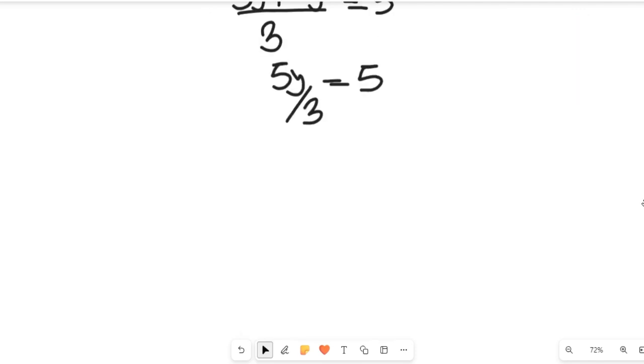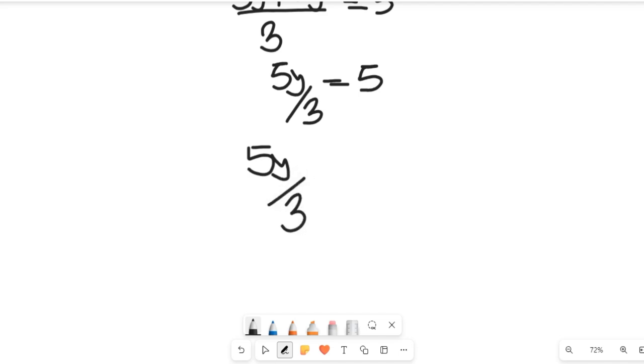Right? So we'll have to multiply both sides by 3. The main reason we multiply both sides by 3 is to clear the fraction. So we'll have 5y divided by 3 multiplied by 3, equal to 5 multiplied by 3.